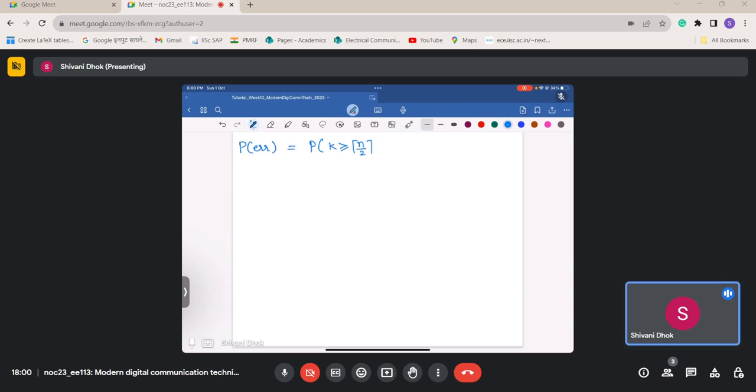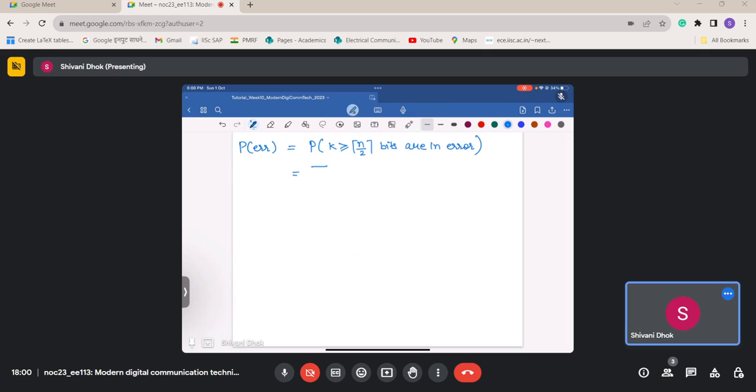Now these are singleton events, like k equal to ceil n by 2, then k equal to ceil n by 2 plus 1. These are singleton events and these are disjoint events.